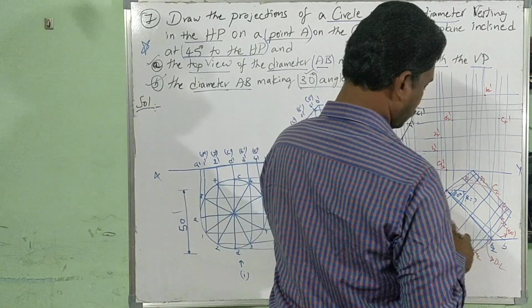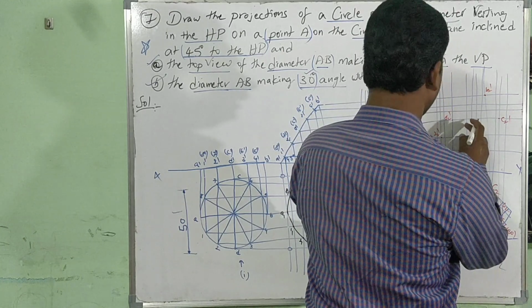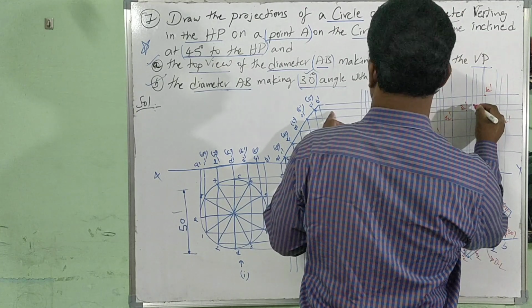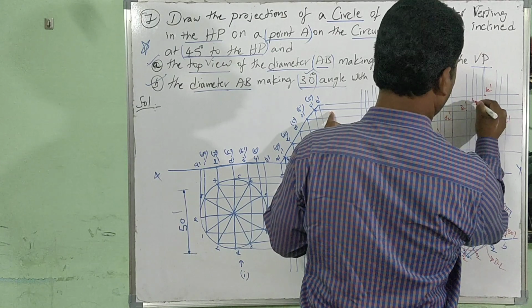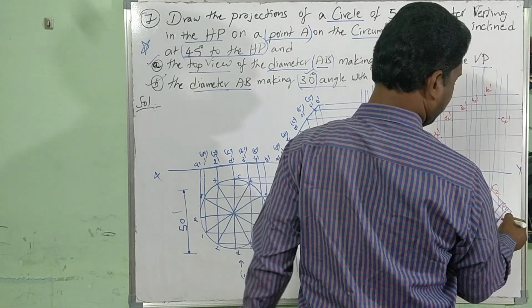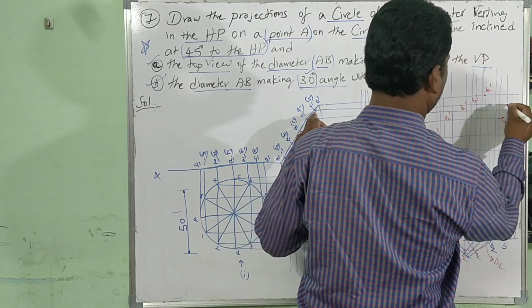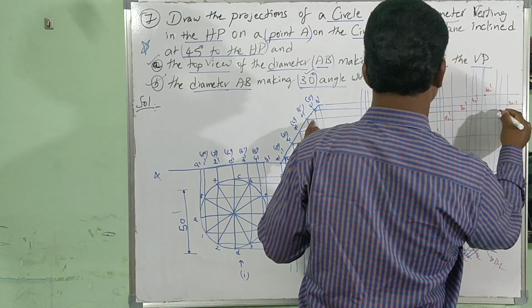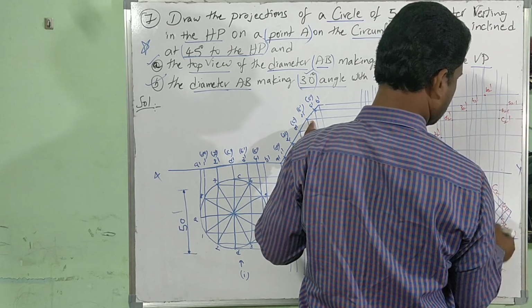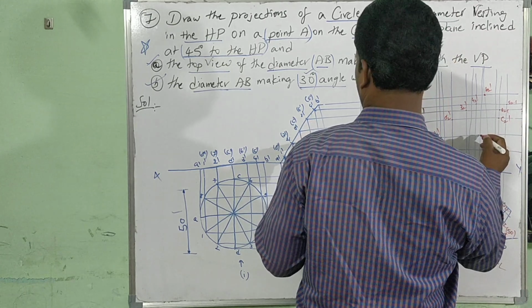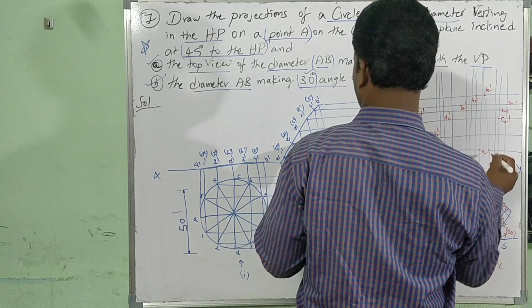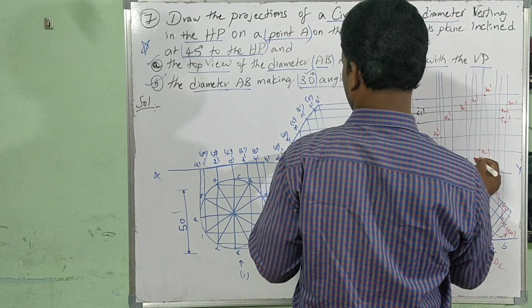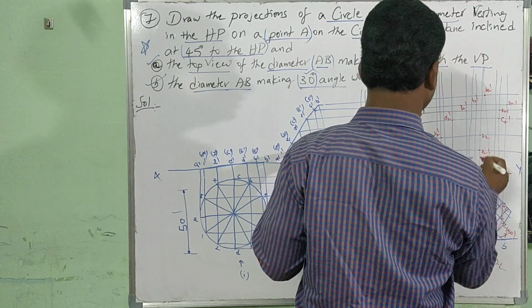Now 2, 2, 3, 2 dash, 4, 2 dash, 5, 2 dash, 6, 2 dash, 7, 2 dash, 8, sorry here, 7, 2 dash.